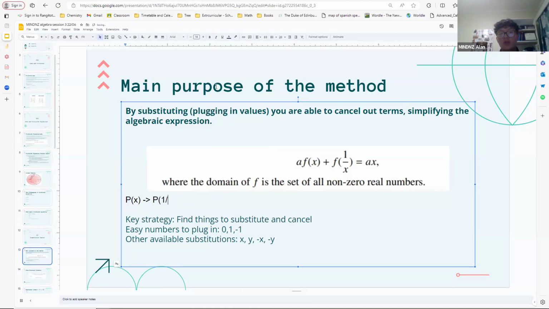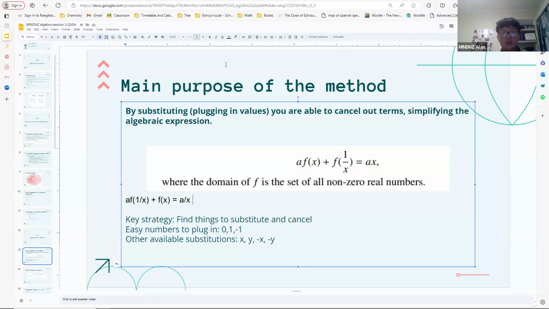So if we plug in 1 over x into this expression, what would happen? We get a times f of 1 over x plus f of x equals a over x, right? And then we have a times f of 1 over x, and we have f of 1 over x. So how would we cancel that out? Simultaneous equations, right?